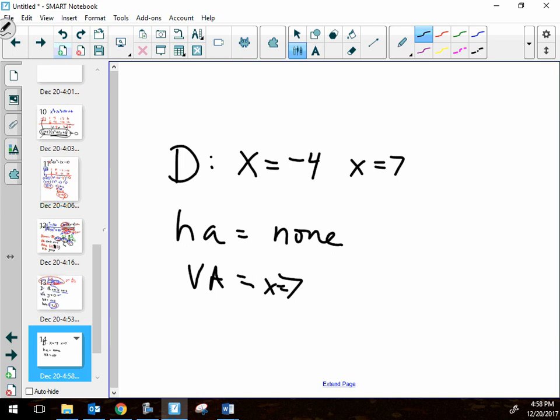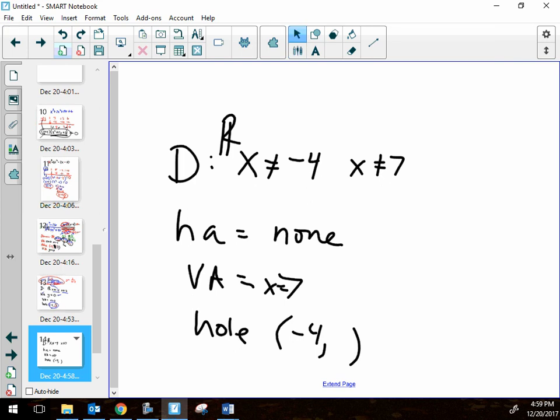Oh, and I wrote this wrong. All reals except x cannot be this and x cannot be that. Okay, sorry about that. And now the vertical was at x equals 7, and a hole at negative 4 comma something. All right, I'm going to pause for a second while you try to write a function that would have all these answers.